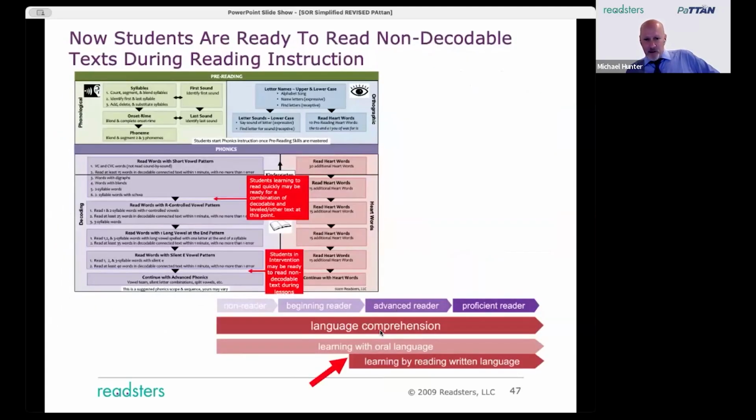And just tying this back to our learning with oral language, for our quick, easy to learn students, they might be able to start picking up learning by reading before you even start the advanced vowels to some degree with leveled language. But our struggling readers, I would stay with oral language for comprehension. And remember, decodables are not for language comprehension. Decodables are for practicing word recognition to accuracy.